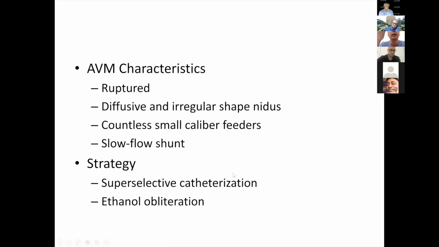So the AVM characteristics are as follows: it is ruptured, diffusive, and irregular in shape. This nidus has countless small caliber feeders and is a slow flow shunt. So I provided the strategy like that. I performed super selective catheterization, and through the catheter, I injected ethanol to obliterate the nidus.